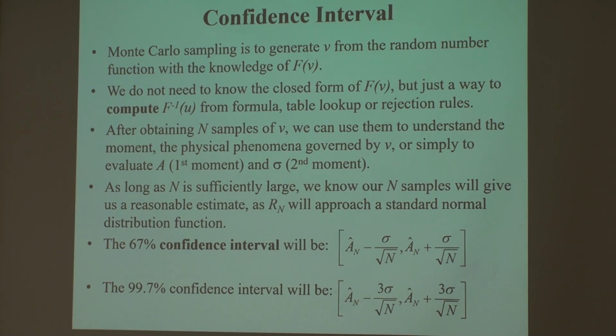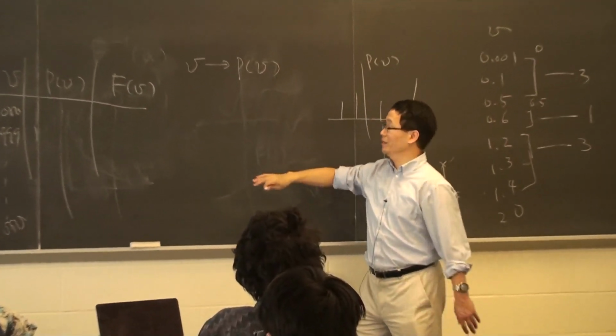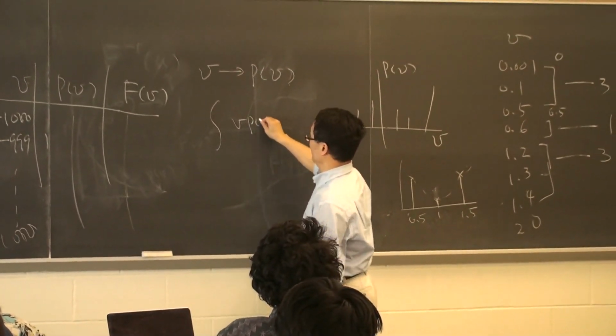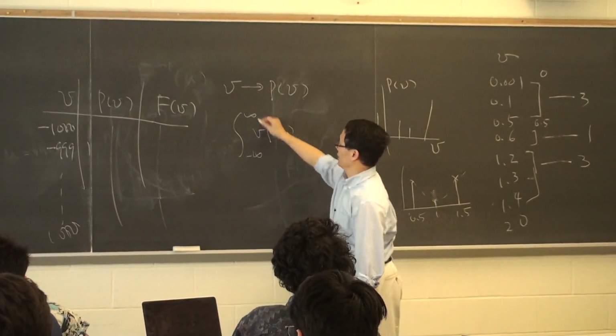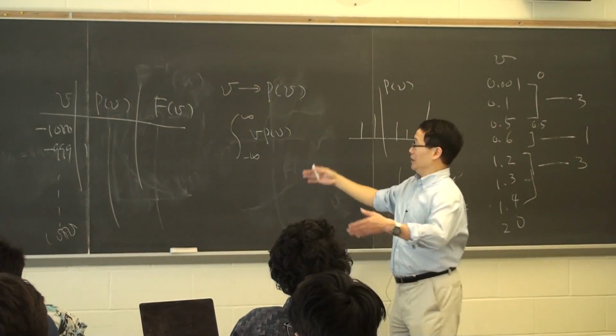Once you have these samples, you can use them to do any interesting evaluations. Once you have V according to the probability, you can use this to understand the expected V. This is the average.